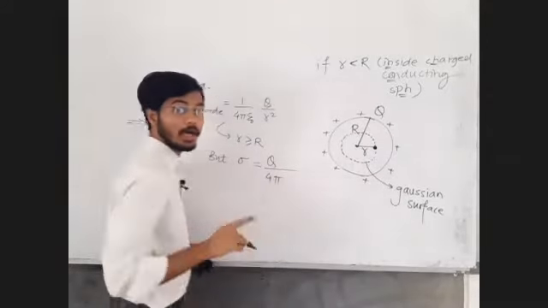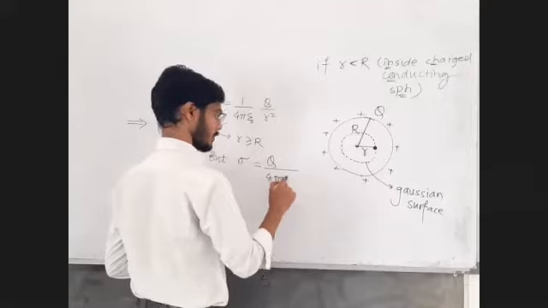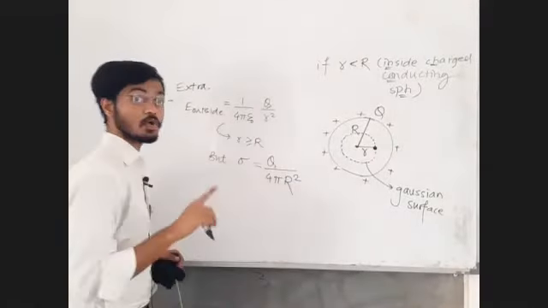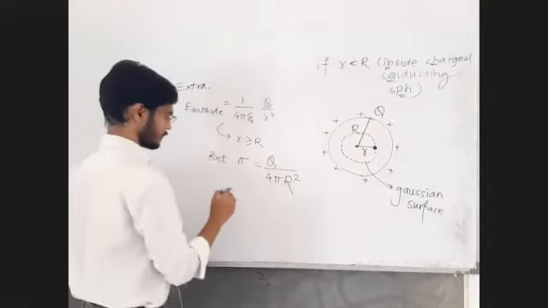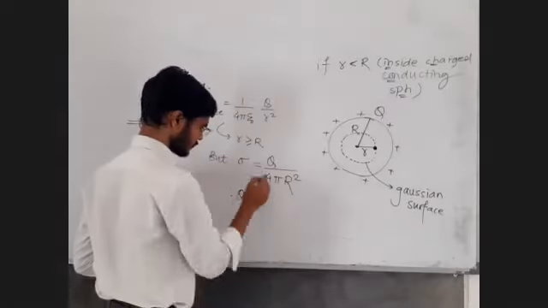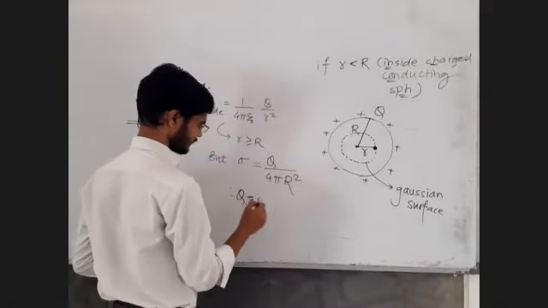It is 4 pi, not small r square, capital R square. Sir, I want to replace this charge because it is not given to me. The thing which is not given should be replaced. Rule of physics, or rather rule of mathematics.